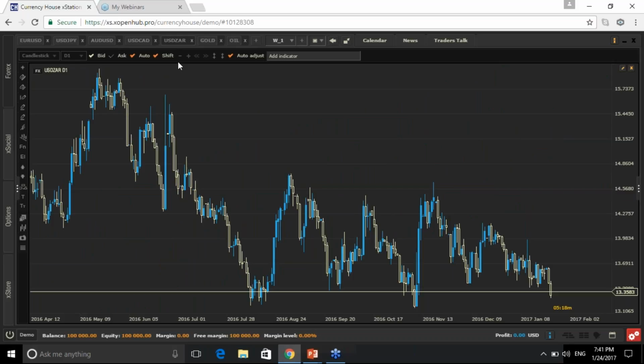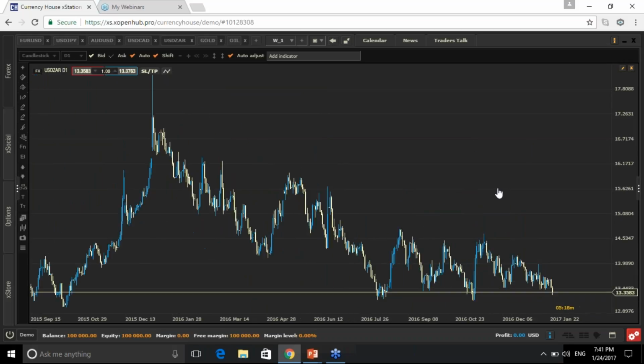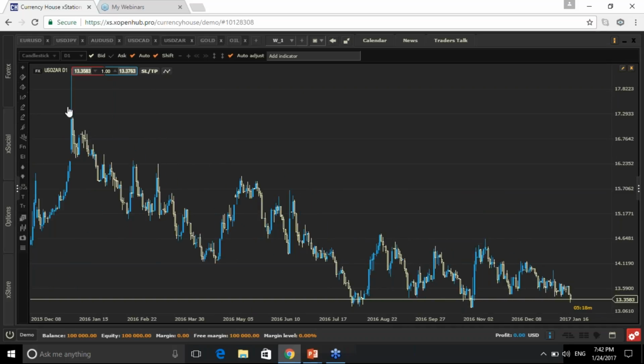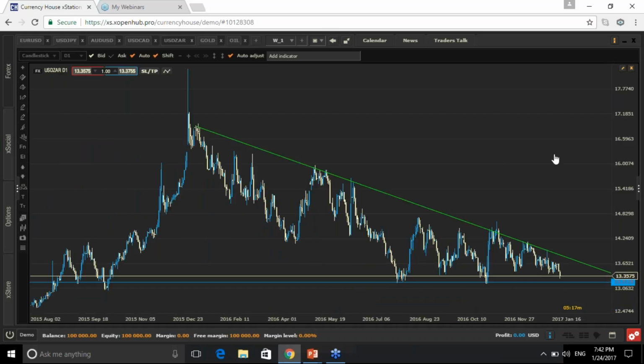Let's take a look quickly at the USD versus the South African Rand. Okay, again, 1 hour is not giving us much of a picture, but the daily chart gives a clear understanding that we are in a downtrend. We can easily draw the resistance line, and the support line, which is the funniest thing, will be horizontal. Wow, we see a triangle.